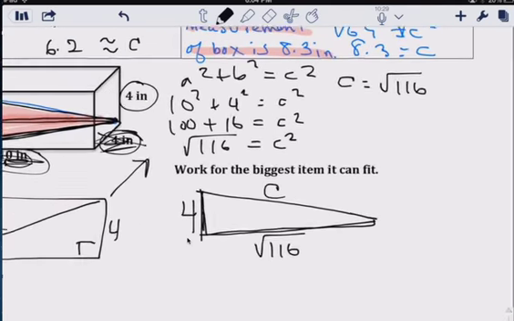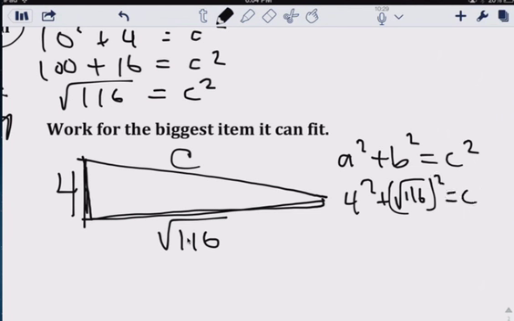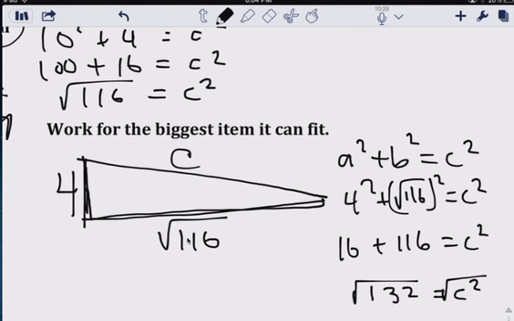We need to find C. A squared plus B squared equals C squared. 4 squared plus the square root of 116 squared equals C squared. That's 16 plus 116 equals C squared. That gives us 132 equals C squared, square root of both sides.